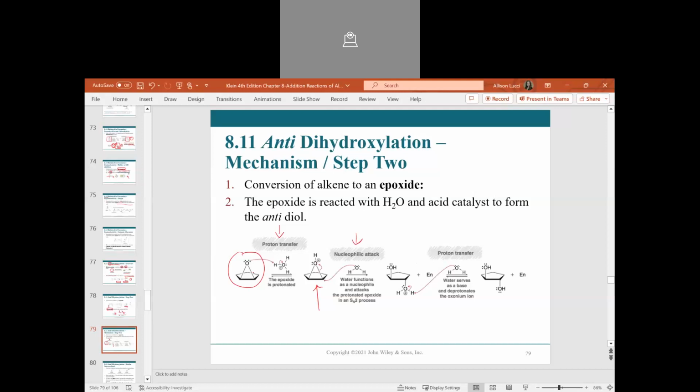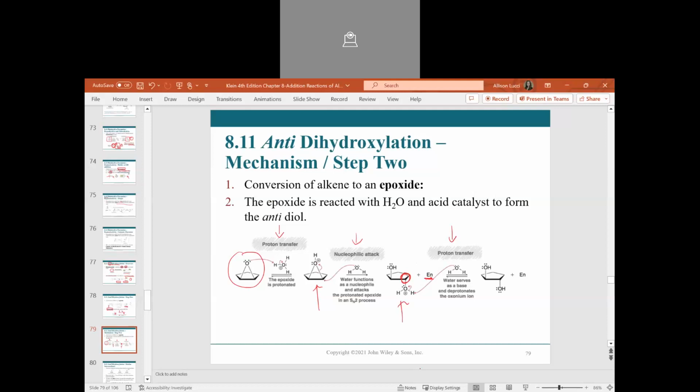Water, in this next step, we have a nucleophilic attack. Water acts as a nucleophile. It attacks this protonated epoxide, and water adds to our ring down here. And then we form an enantiomer in this step, but the last step involves a subsequent proton transfer to deprotonate this oxonium.